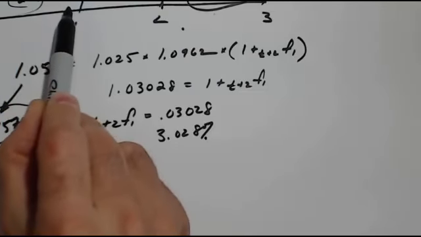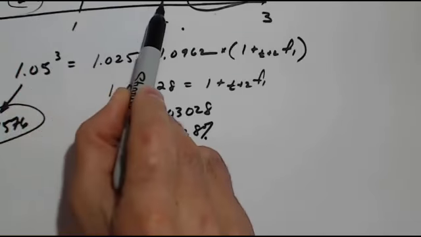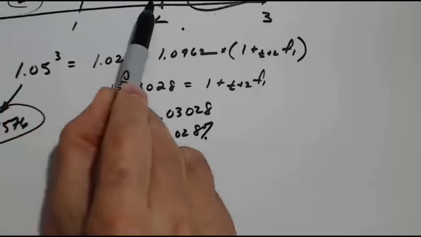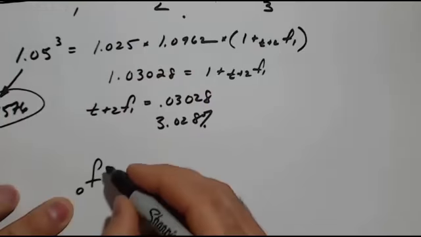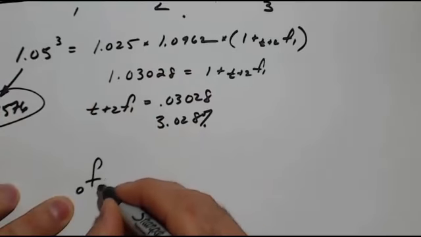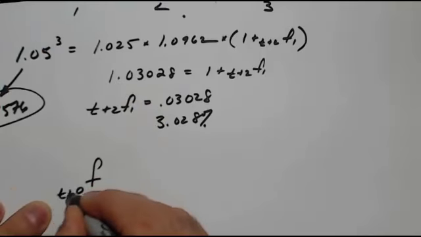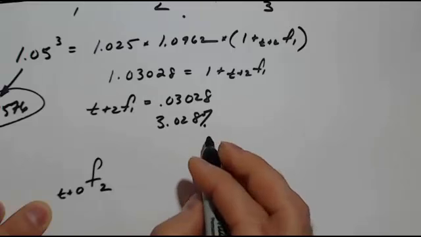That's the spot rate. You can also have a spot rate that goes out 2 periods, and that would be a 2-year forward rate, with subscript 0, because it starts t plus 0, and it covers 2 years.